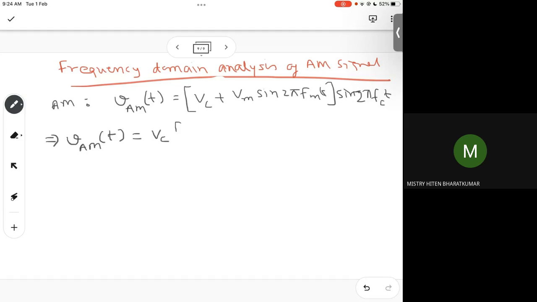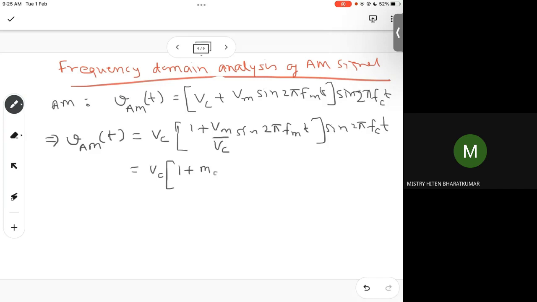How to go for that? I want to bring the modulation index into this one. So I could write Vc, taking it common, (1 + Vm/Vc sin 2πfmt) sin 2πfct. Which I could also write as Vc(1 + ma sin 2πfmt) sin 2πfct, because Vm/Vc is nothing but the modulation index.